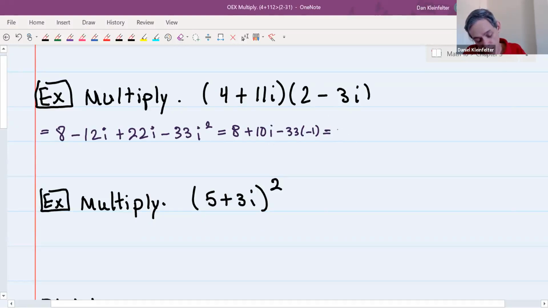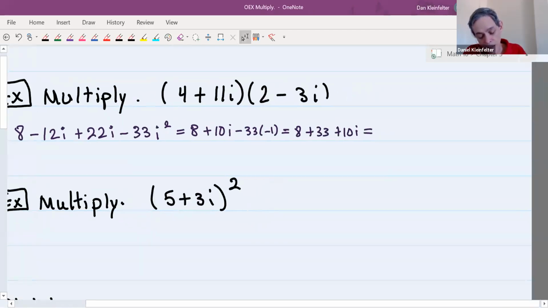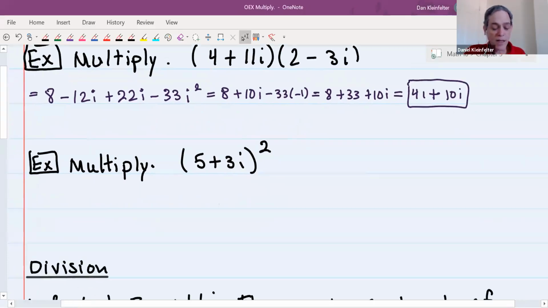So that was a positive 8 plus 33 plus 10i. Okay, so that will be 41 plus 10i. Okay, and that will do it. Okay, we have one more. Then we'll look at some division.